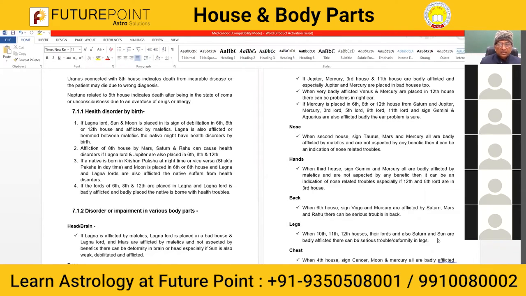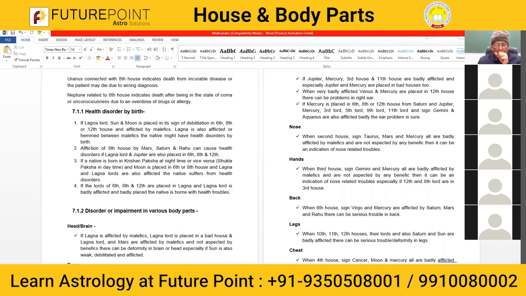And if the Aquarius or Pisces signs are afflicted by Saturn or Sun, then the legs are in problem.